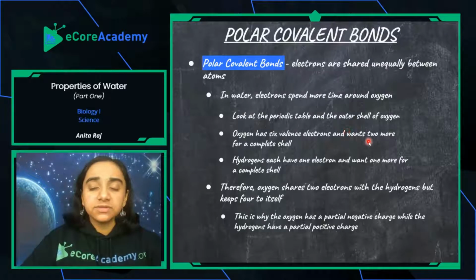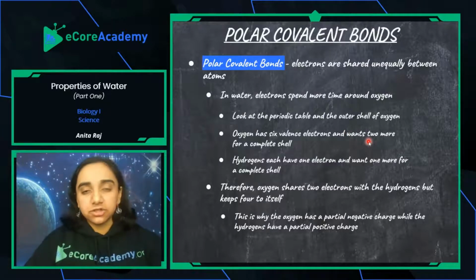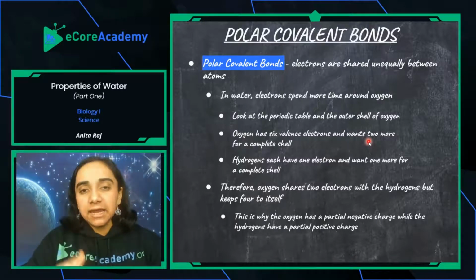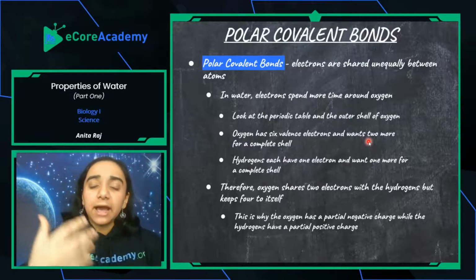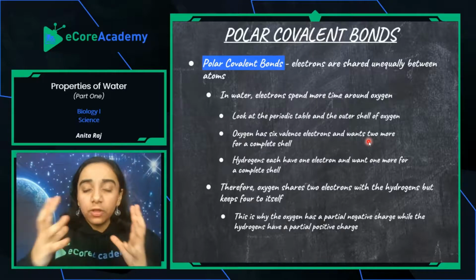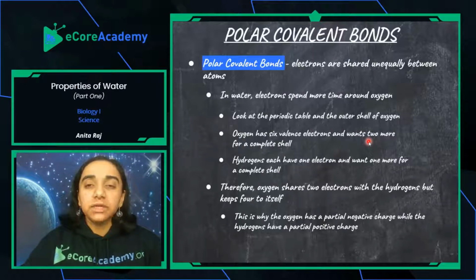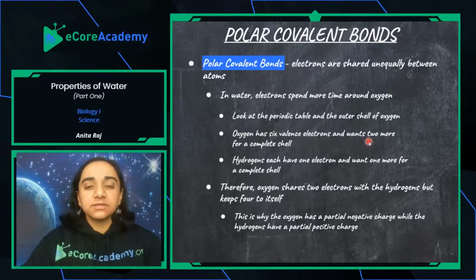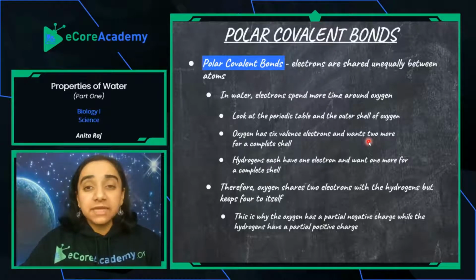And remember, the first shell wants 2 electrons to be full. The second shell wants 8 electrons to be full. And remember, atoms are trying to find that full outer shell because they want to reach stability. If you want to think of it like they want to fully saturate themselves, fully fill themselves up, then they'll obtain the same stable configuration that the noble gases have.